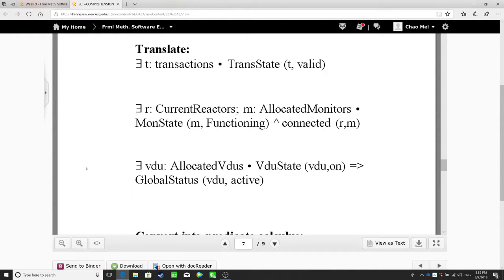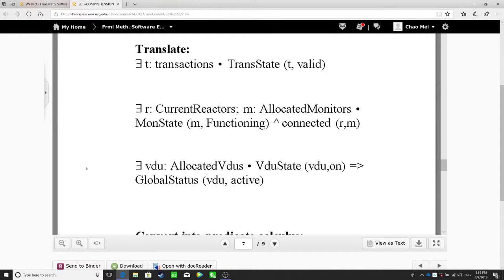Yeah, it means that. But if we want to be more formal with the language: there exists a current reactor R and an allocated monitor M such that the M is functioning and connected to R. Yeah, something like that.